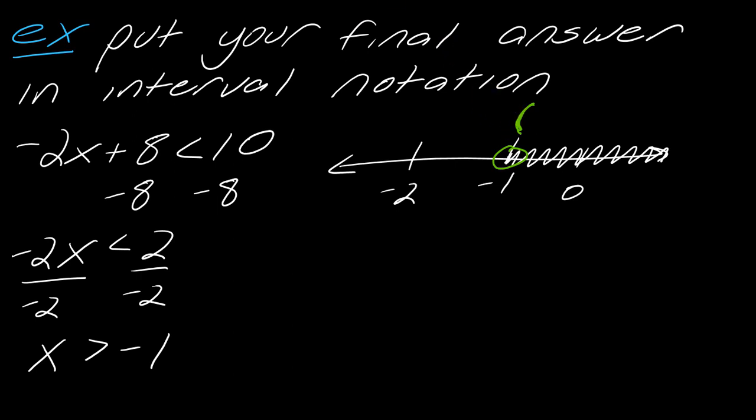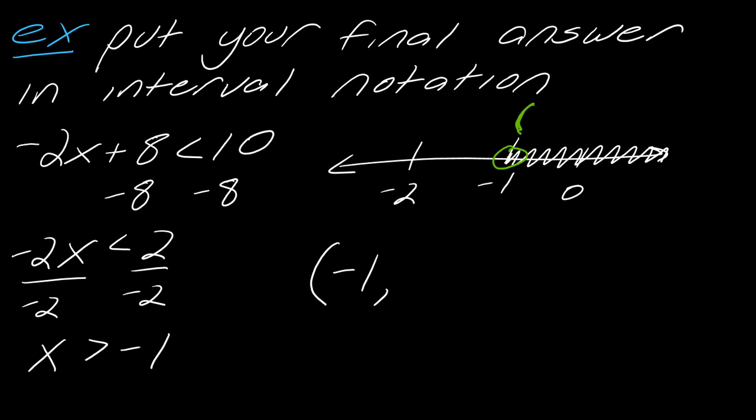With interval notation, what you're trying to represent is what you shaded on the number line. We started at negative 1, but negative 1 is not meant to be included. X has to be greater than negative 1. So when the number's not included, you always use a parenthesis.